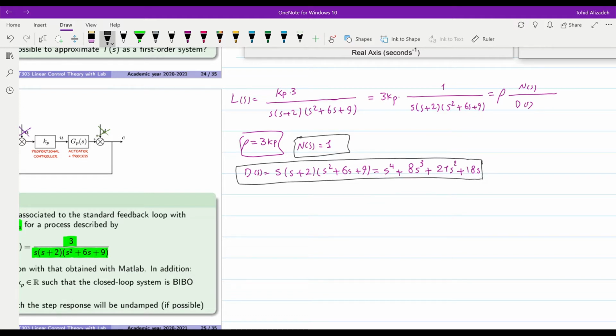Okay, so this is the expression for d of s. Now, if we look at n of s and d of s, we can see that for this system, n is equal to 4, there are 4 poles, m is equal to 0, there are no zeros, and the difference n minus m is equal to 4 as well. And this r equal to 4 means that there are 4 asymptotes.